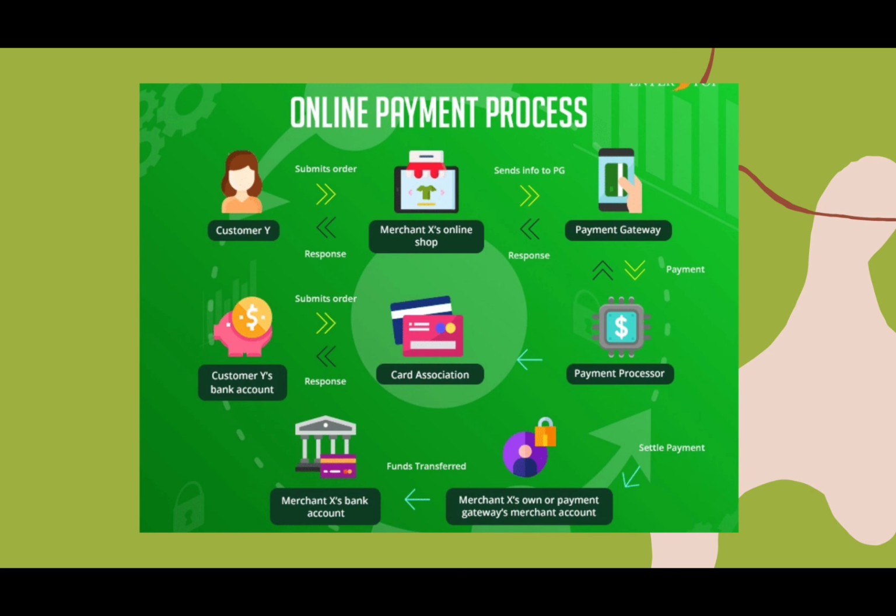Then this payment gateway processes the payment with the card association and the customer's bank account or the card holder. And after settling the payment, the merchant will get the funds transferred from the payment gateway. So that is the online payment processing of Ideal.